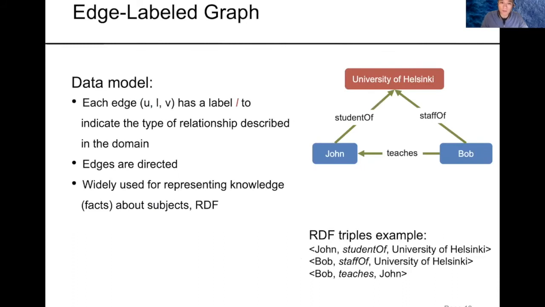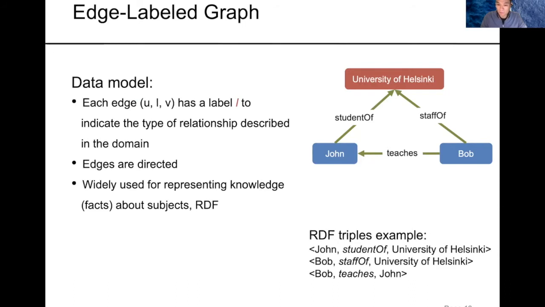For the edge-labeled graph, each edge has a label to indicate the type of relationship described in the domain. Edges are directed, and it is widely used for capturing knowledge about semantics, which forms the basis of the RDF data model.